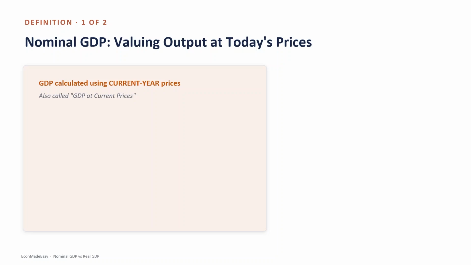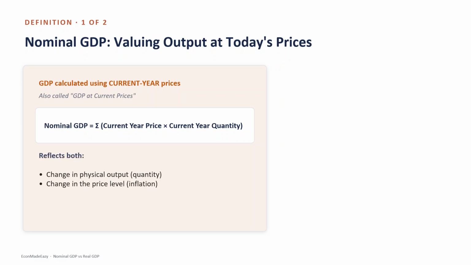It is therefore also called GDP at current prices. We calculate it by multiplying the current price of each good or service by its current quantity and then adding the values together. Because both price and quantity can change, nominal GDP reflects changes in production as well as inflation.